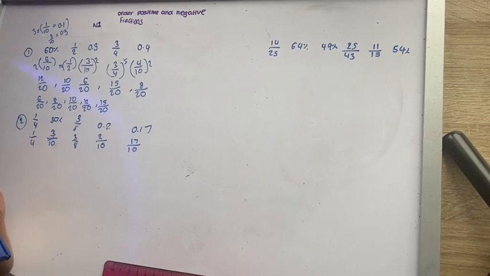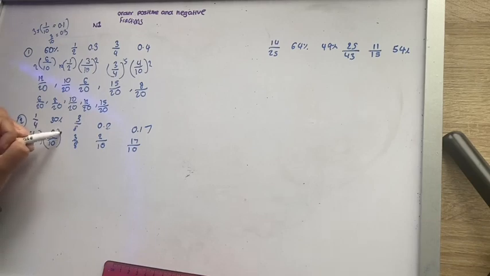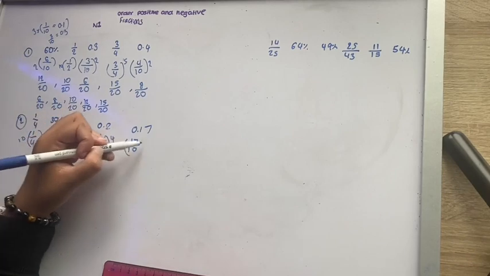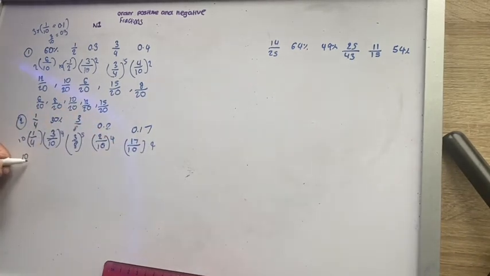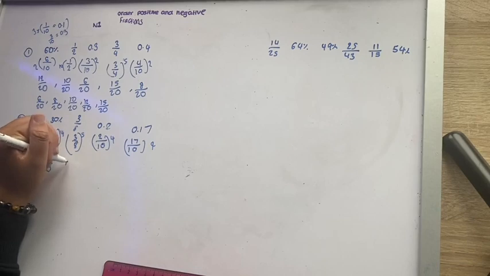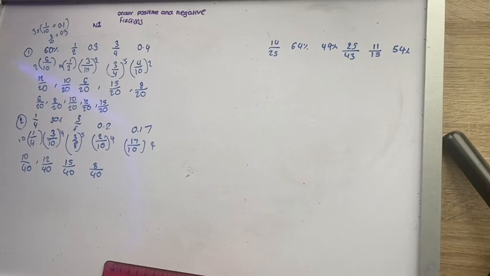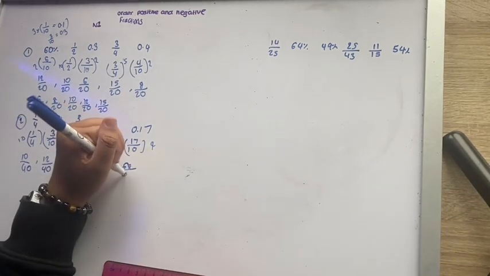And that would be 80, or actually could be 40. So we're going to multiply that by 10, that by 4, that by 5, that by 4, and 4. So 10 over 40, 12 over 40, 15 over 40, 8 over 40, and then 17 times 4, which is 68, over 40.